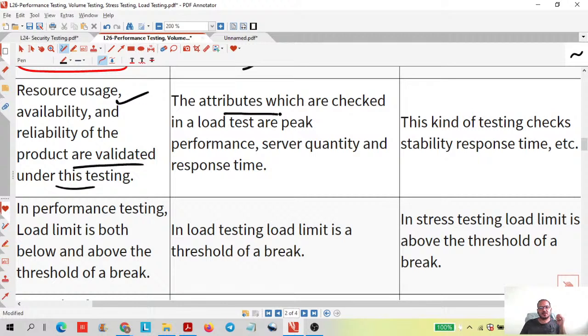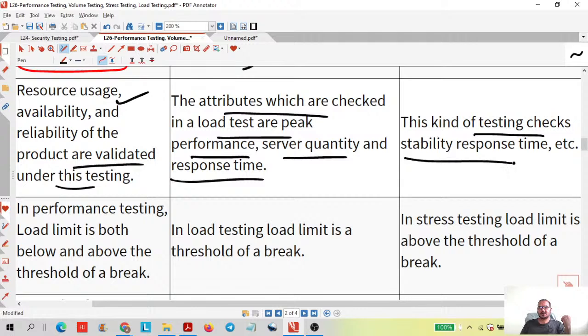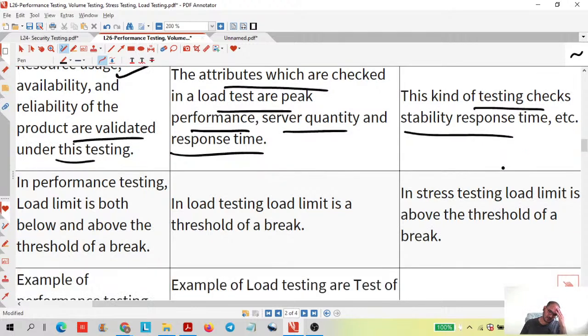The attributes checked in the load test are peak performance, server quantity, the response time and all. We'll check the response time, server quantity, the size of the server. And the stress testing kind of testing checks the stability, response time, and security.